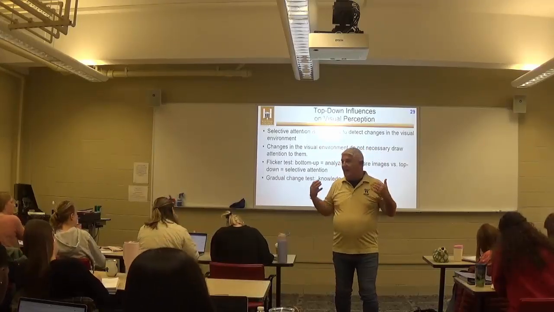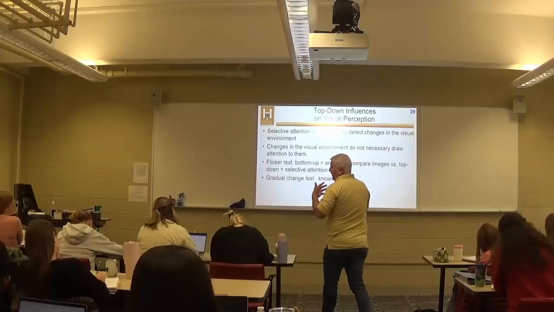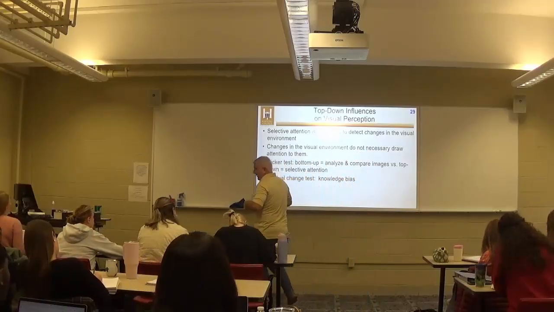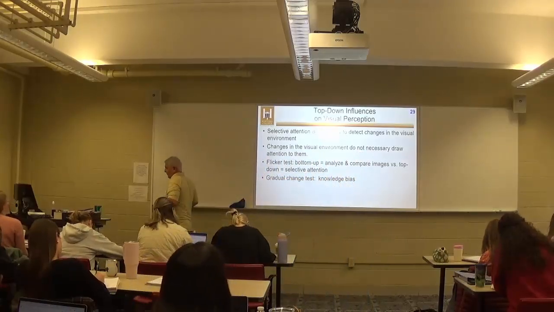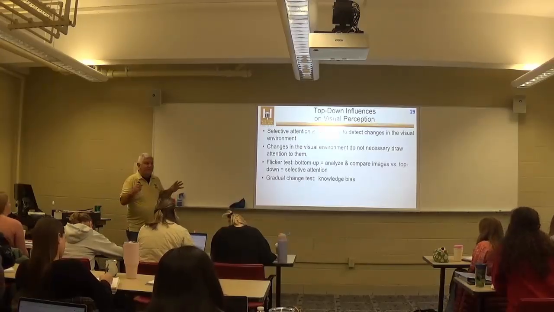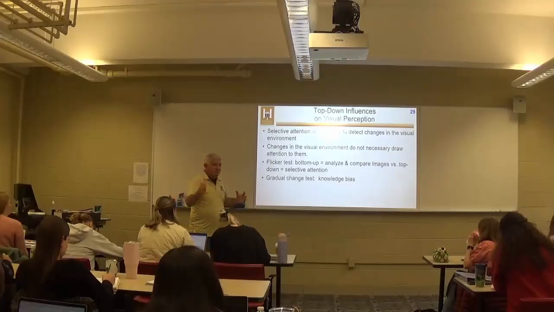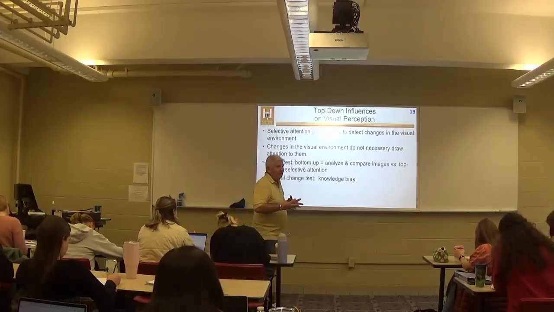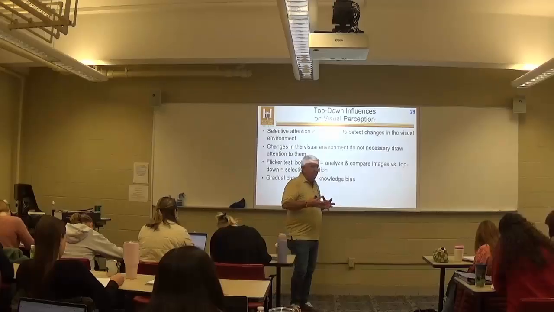And that's part of these top-down influences that we'll talk a lot more about in our next exam section. We're just starting to scratch the surface a little bit here, but I think it's important that we know that sensations don't equal perceptions. There's all these influences.